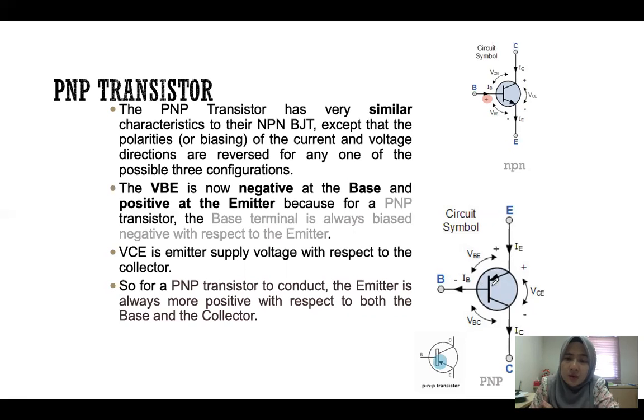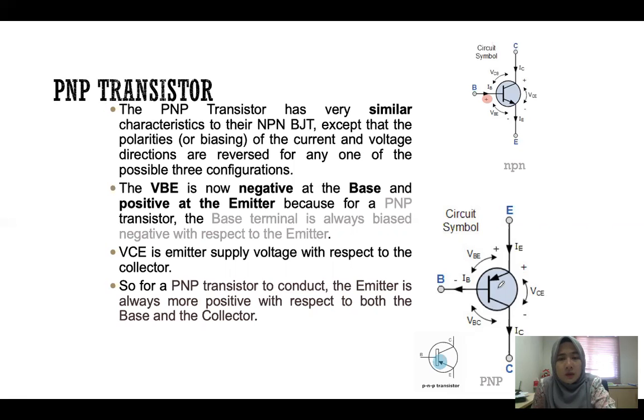And since the arrow is pointing in, this is the PNP transistor. Very simple. The PNP transistor has very similar characteristics to the NPN, except that the polarities or the biasing of the current and voltage directions are reversed for any one of the possible three configurations.